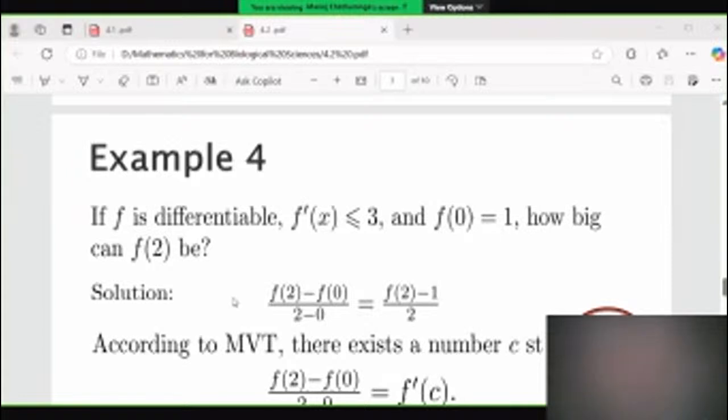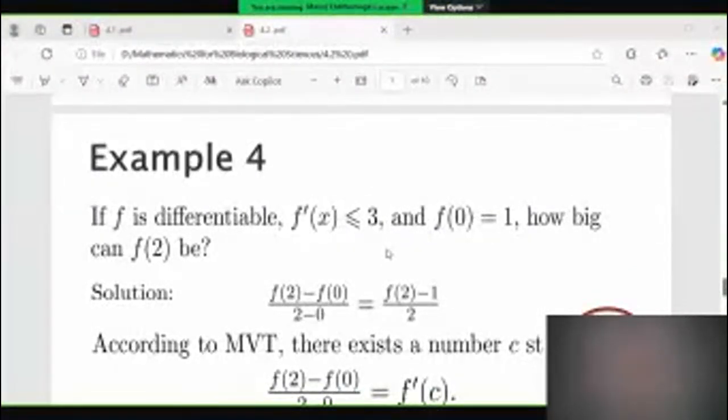How big can f of 2 be? At first we don't have any idea how we can use the derivative to estimate the unknown function value. One thing we can do is try to apply the mean value theorem, and keep f of 2, the unknown function value, in the equation, and see how far we can go.